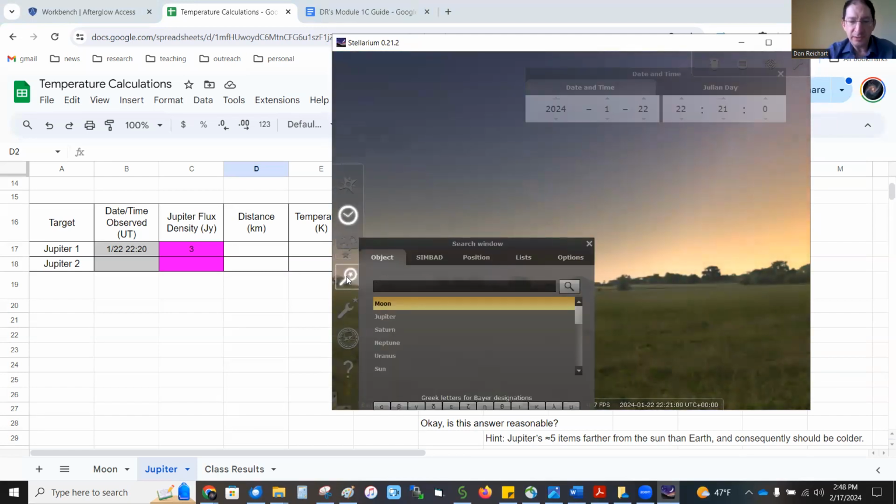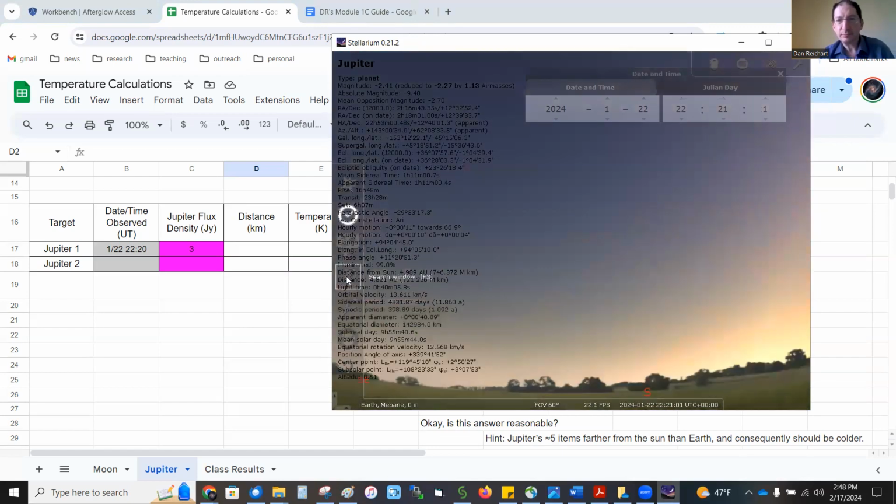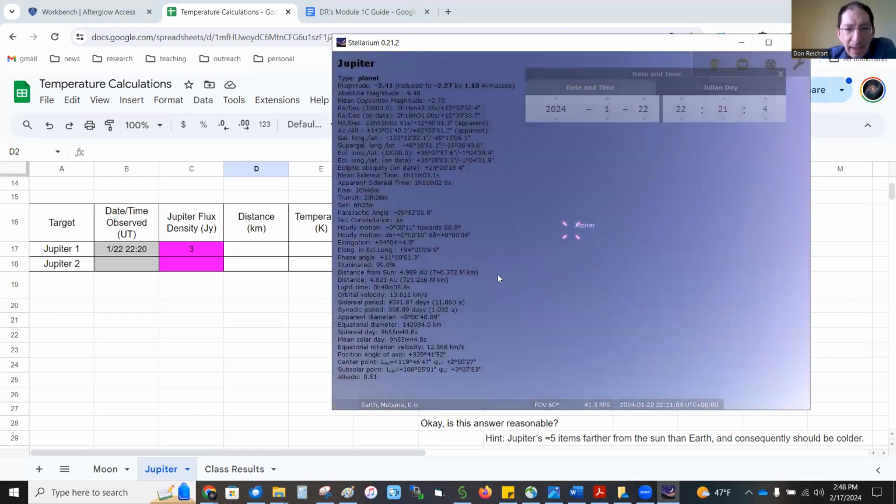Then I want to find Jupiter. Okay. And at that time, the distance to Jupiter is right here. We have two things. We have distance from the sun. We don't want that. And we have the distance from us. And what we want is the distance in kilometers. That's the number here in the parentheses.